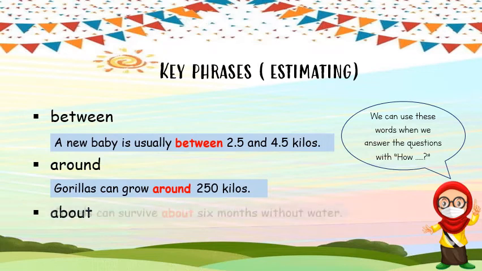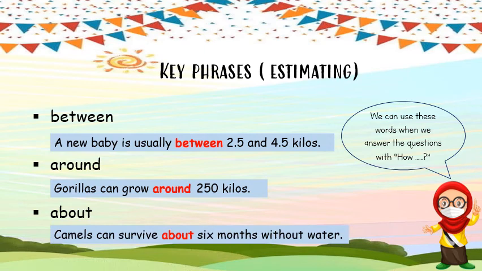Next, about. Camels can survive about 6 months without water. Unta boleh hidup tanpa air lebih kurang 6 bulan. But if we remove about, is the sentence wrong? No, it is still correct, cuma jawapan yang lebih tepat sebab bukannya 6 bulan je.